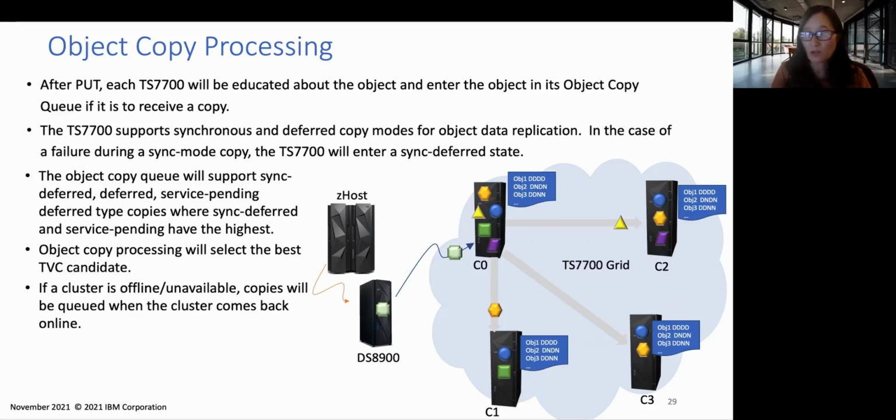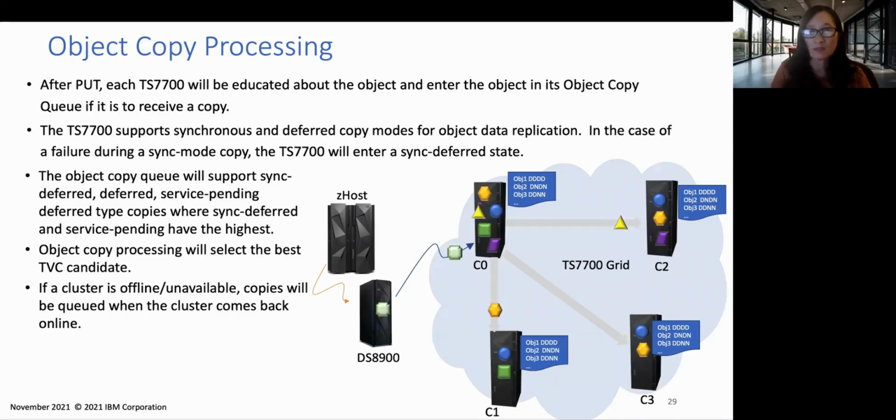I'm cluster 2, and I need a copy of that data. So what I will be doing is putting a copy of that object into my object copy queue on cluster 2, and cluster 3 and cluster 1 do the same thing. So now on cluster 2, I have this list of objects that are going into my copy queue.